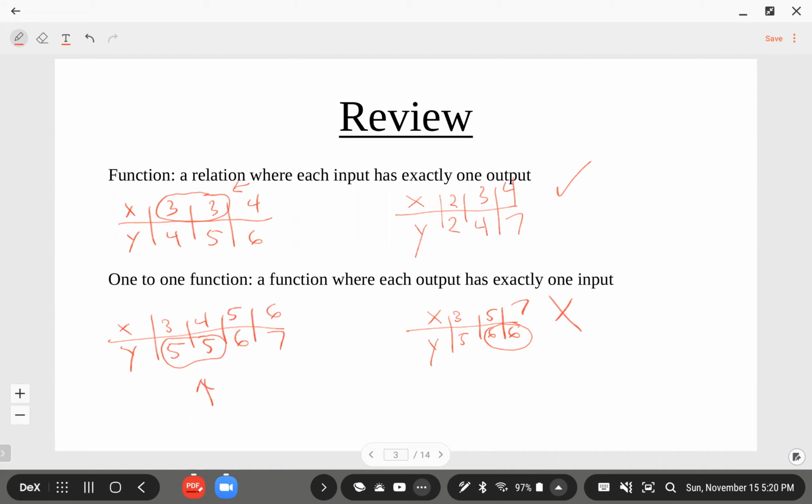It has 2 inputs. So let me repeat. This output 5 has exactly 2 inputs. If this output 5 had 1 input, then that would be a one-to-one function. But here 5 corresponds to 2 inputs. That is why it is not a one-to-one function.